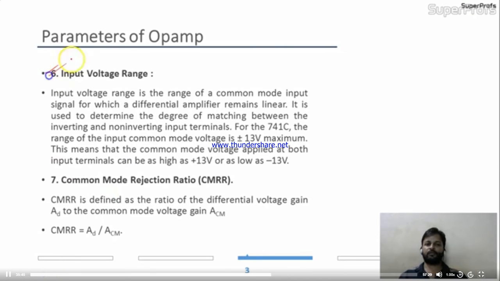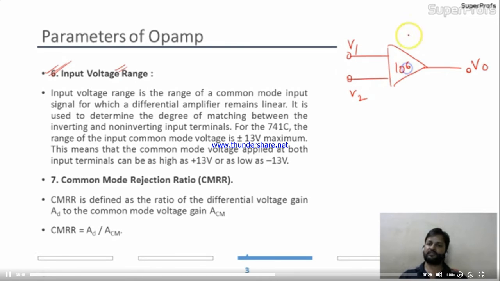That is the input voltage range. What will be the input voltage range? See, the input voltage range is the range of the common mode input signal for which a differential amplifier remains linear. It is used to determine the degree of matching between the inverting and non-inverting input terminals. See friends, if this is your op-amp, here I am taking the output, and here I apply inputs V1 and V2.